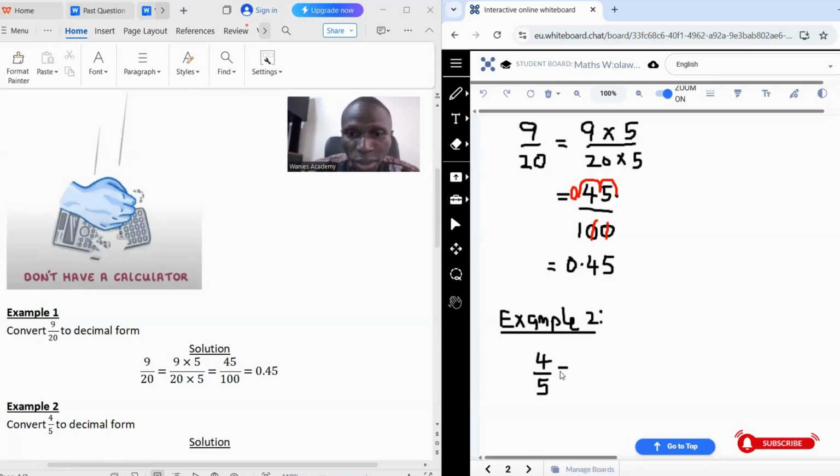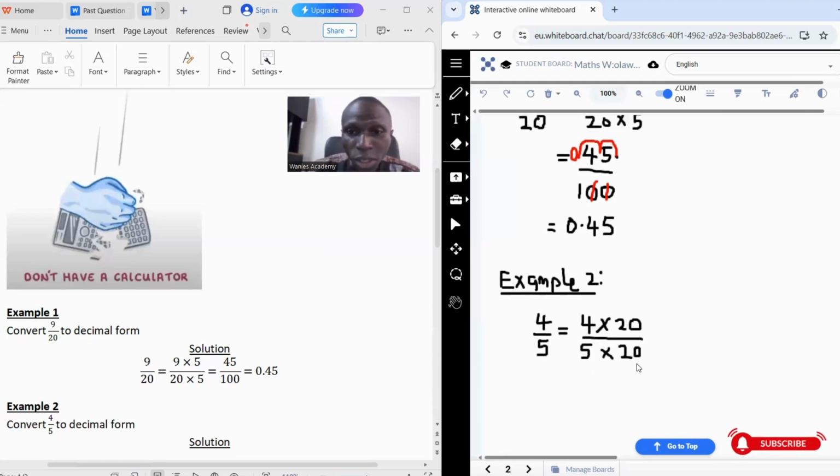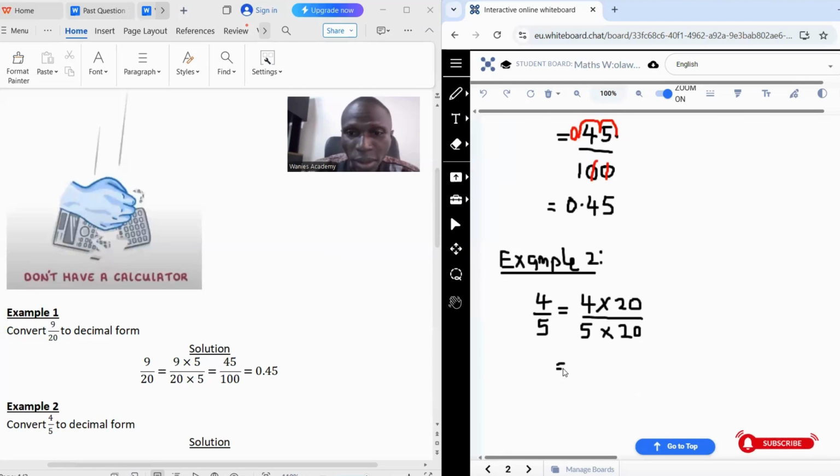So this will be 4 multiplied by 20, divided by 5 multiplied by 20. Here we have 4 times 20, which gives us 80.